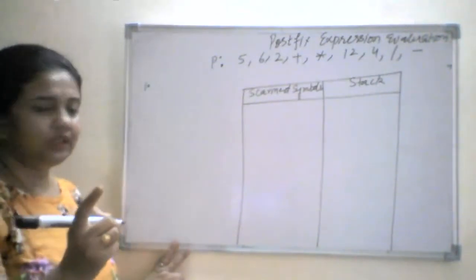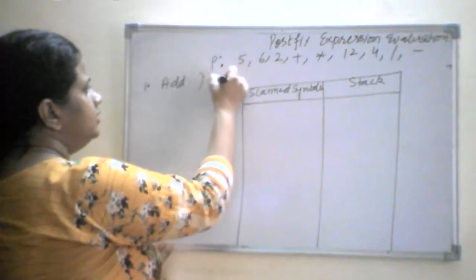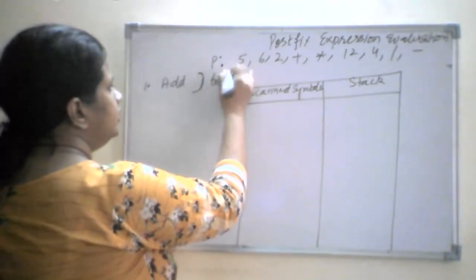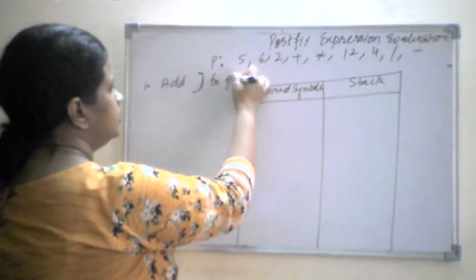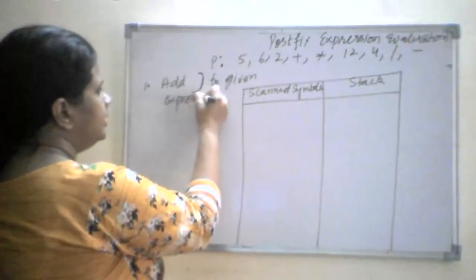The very first important thing you need to do is add the right bracket or right parenthesis to the given expression. Why are we adding that? This right side bracket is added.